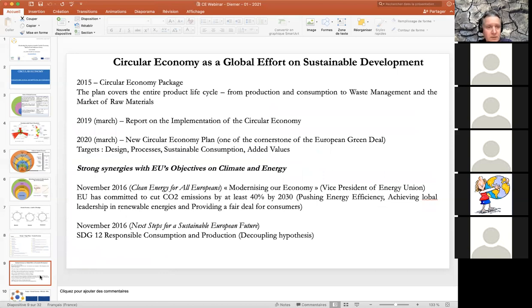And this global effort means you really have to engage the process to think about CO2 emission. And you see, since 2016, thinking about circular economy, it was imagined as a new economy to reduce CO2 emission. So we cannot disconnect.